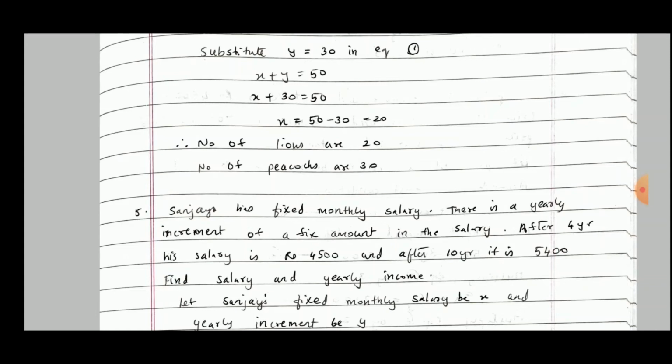Now Sanjay has a fixed monthly salary. There is a yearly increment of a fixed amount in the salary. After 4 years, his salary is 4,500 and after 10 years it is 5,400. Find the salary and the yearly increment.